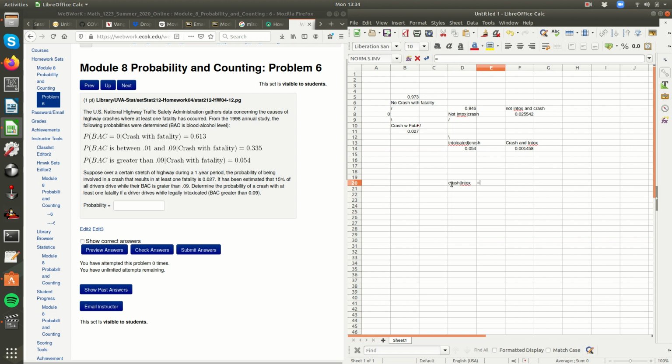So to do that, the easiest way, so this is a given statement, right? The easiest way is to do the crash and intoxication, and to divide that by the given, the probability of the given, the intoxication.